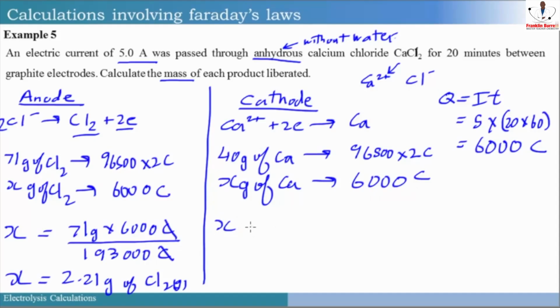So again, we will cross multiply. So X is equal to 40 grams times 6,000 coulombs divided by 193,000. Coulombs will cancel coulomb. And now our mass here would be equal to 40 times 6,000 divided by 193,000.